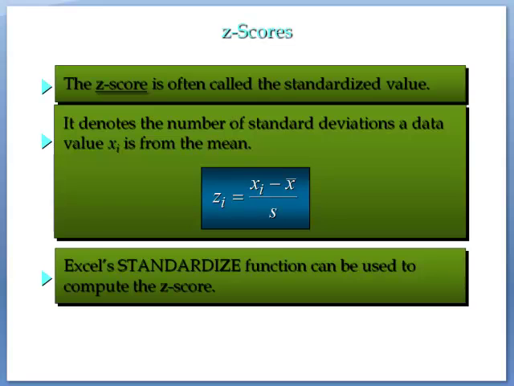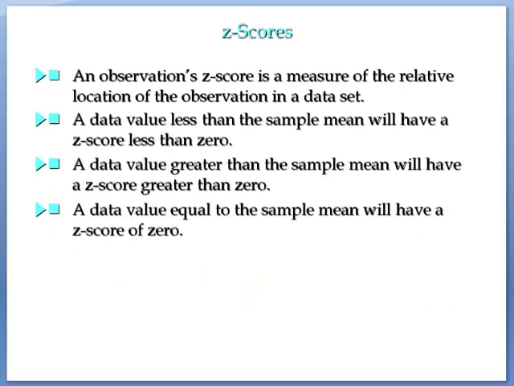Now remember, we said that the measure of location is the mean, and the mean indicates to us where the center is. The concept of the z-score, whose formula is given here, and which can easily be calculated by, for example, Excel, gives us the following information.